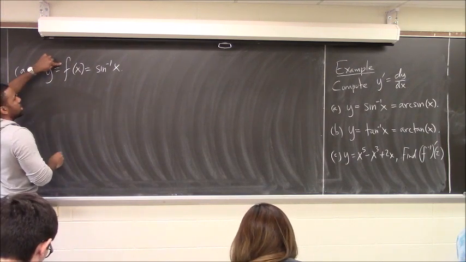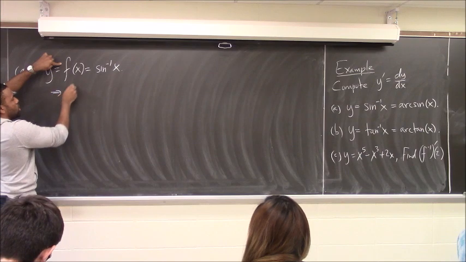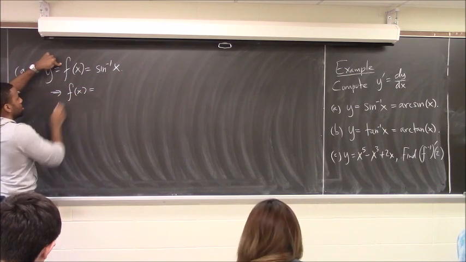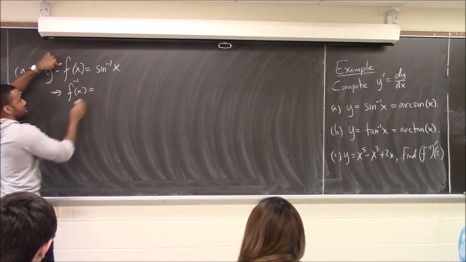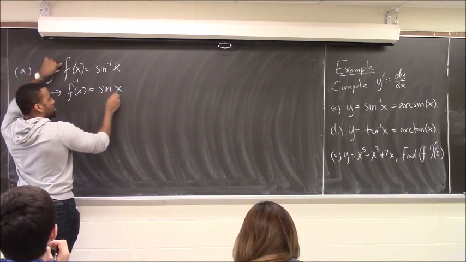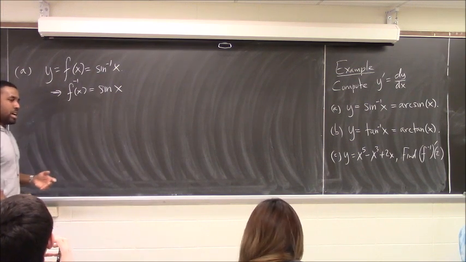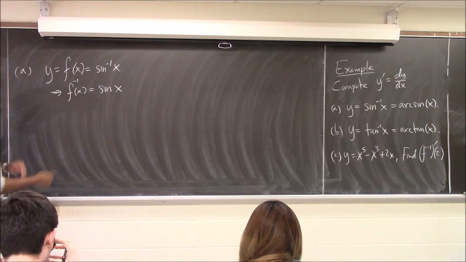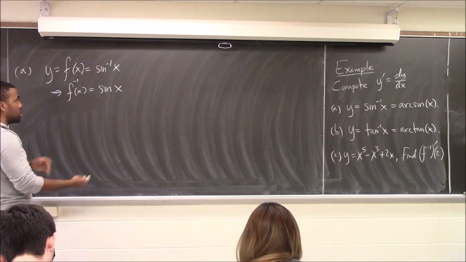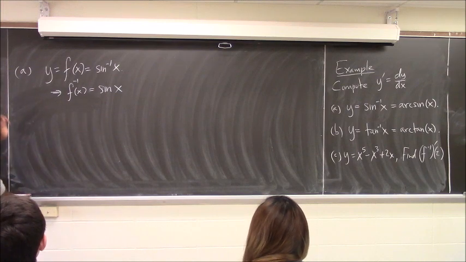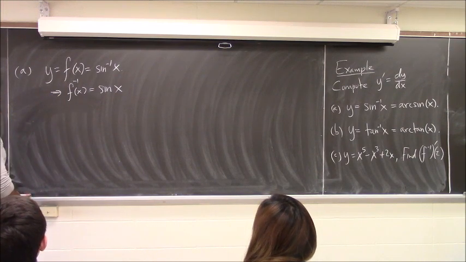If our f of x is sine inverse, what is the original f? It would be the sine function, right? Now, of course, the domain is restricted. Hopefully you remember that, because sine in its entirety doesn't have an inverse. But if you restrict it between minus pi over 2 and pi over 2, it does. And so, assuming our x falls into that range, the inverse of this guy would be that.